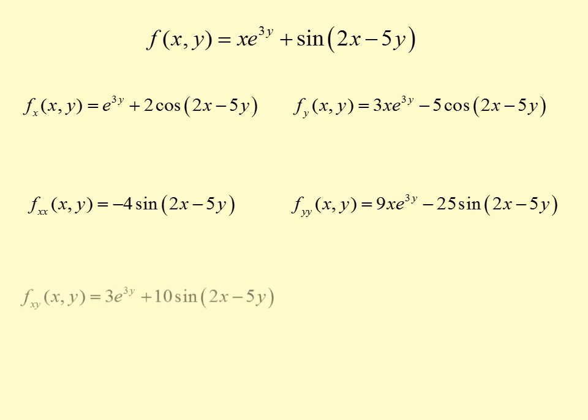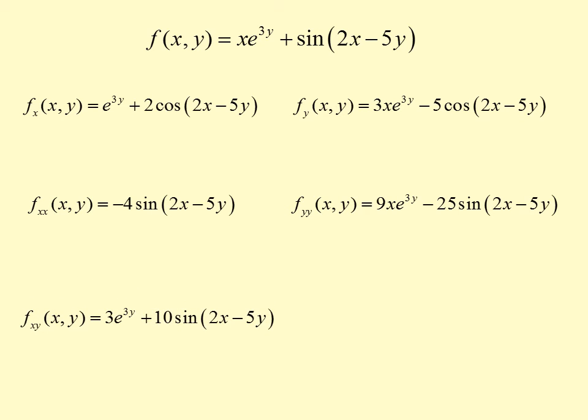Now, as far as the mixed partials, we're taking what we had in the very beginning, the partial with respect to x, and then we're doing the derivative of that with respect to y. So the derivative of e to the 3y with respect to y would be e to the 3y times the 3. So that would give us our 3e to the 3y.